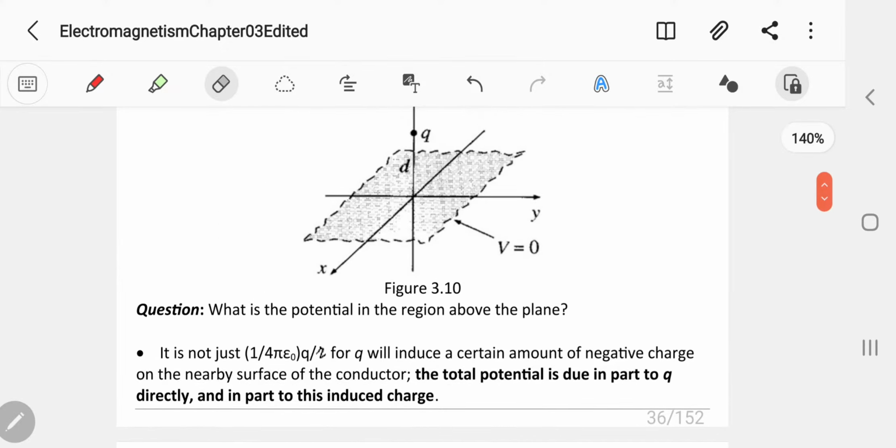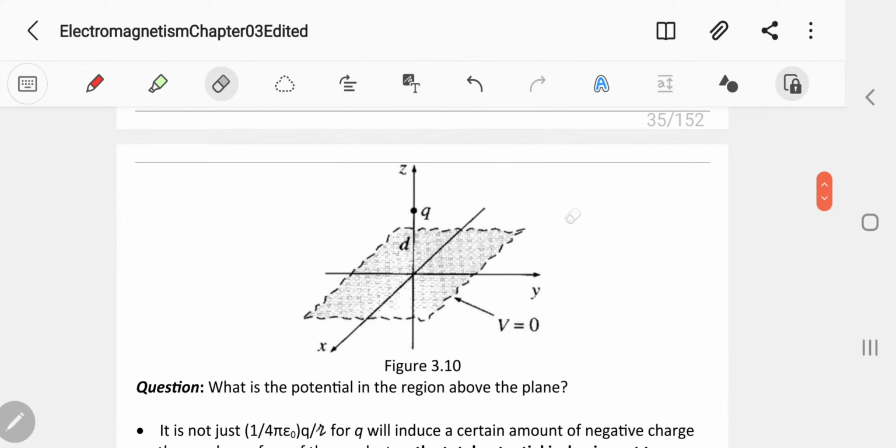So, what are the boundary conditions here? Again, as I've said, at z equal to 0, the potential is equal to 0 at the surface. And when you go far away from this charge distribution, say for example at infinity, the potential must approach 0 as your distance goes very large.